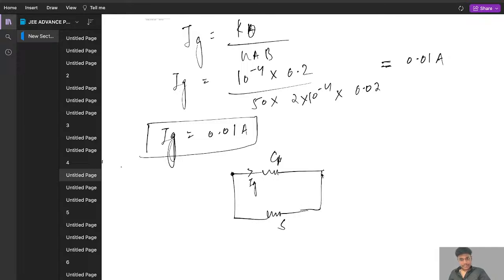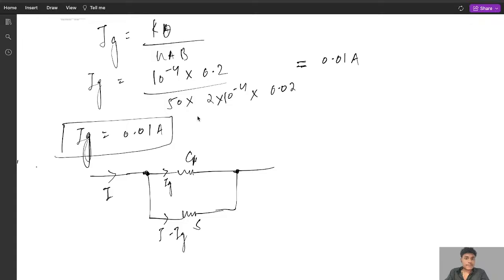If you know the basics, then we go from the basics. And this is current I. If this is IG, then this is I minus IG. As the potential difference across both these points is equal, okay, the potential difference is the same, then we can say that.